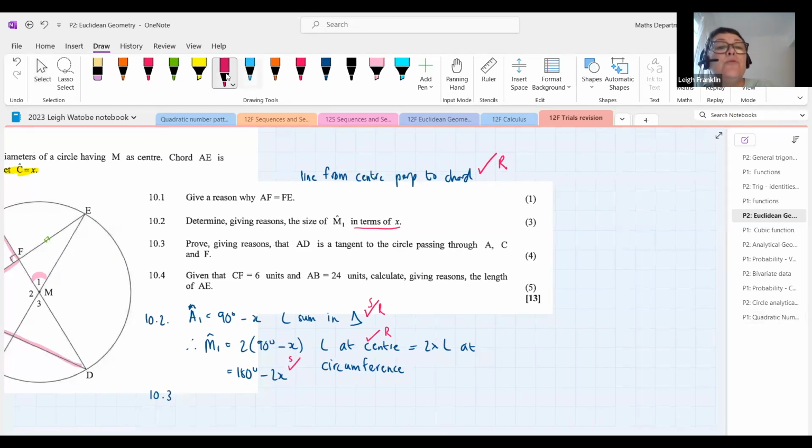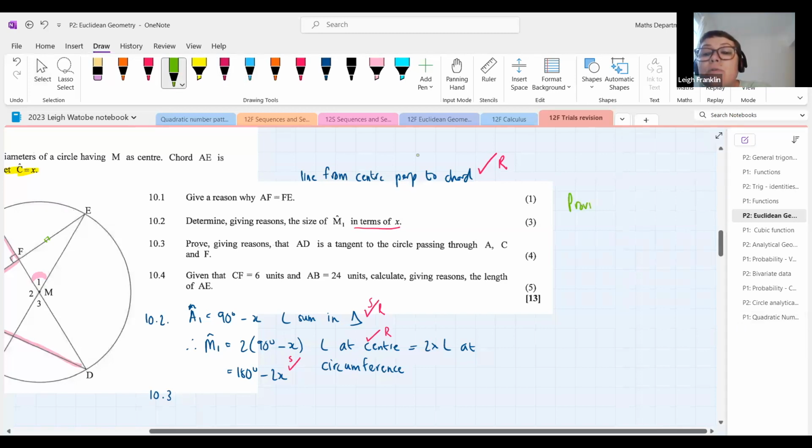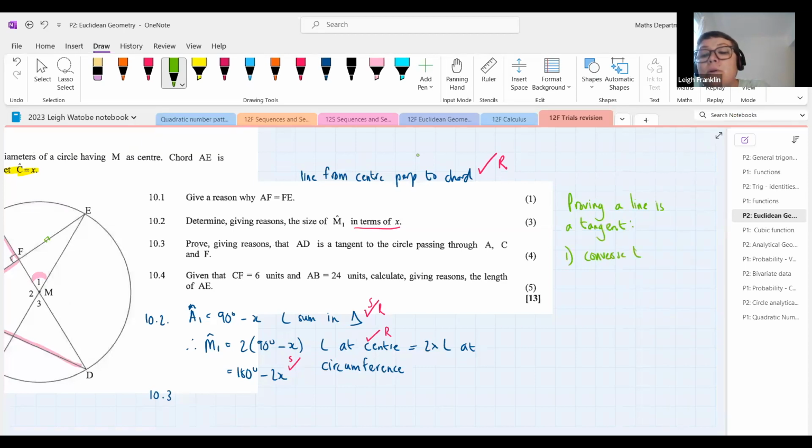Right. So proving a line is a tangent, which is a question that often comes up. Number one, converse tan chord theorem.